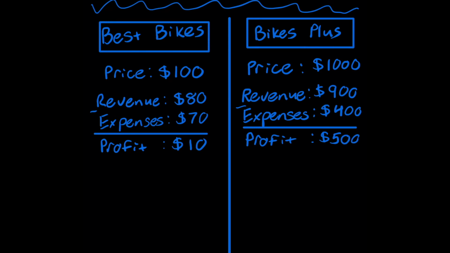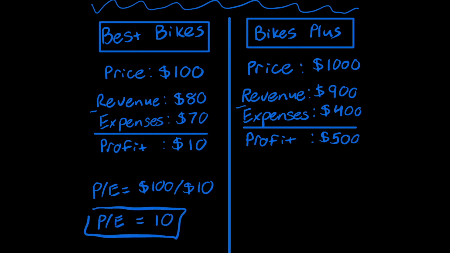Well, holding everything else about these companies constant, and that's an important thing that we're going to have to discuss later, you can use the PE ratio to determine which one is a better deal for you. So first, looking at Best Bikes, their PE ratio is the price, $100, divided by their earnings, 10, which equals 10.